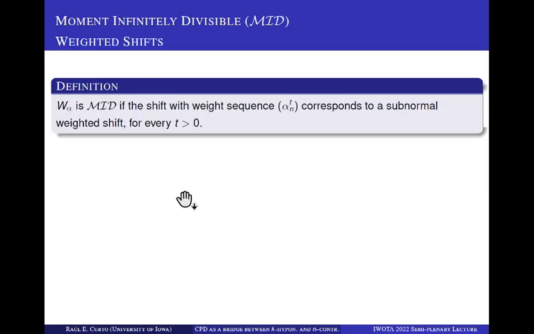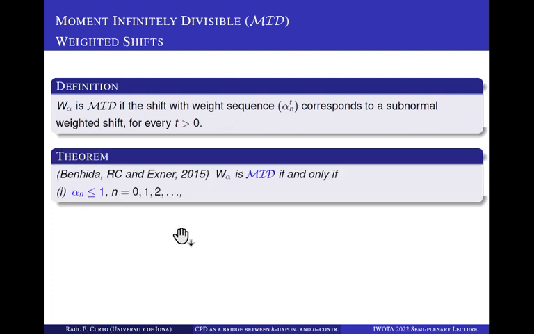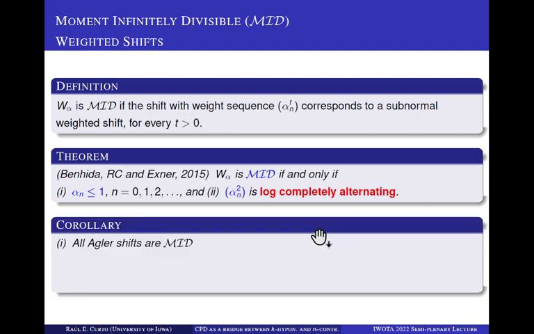Let's discuss MID shifts a little bit. W alpha is MID when all the powers are subnormal. With Chafiq and George, we prove that W alpha is MID if and only if the alpha n's are less than or equal to 1 and alpha n squared is log completely alternating.